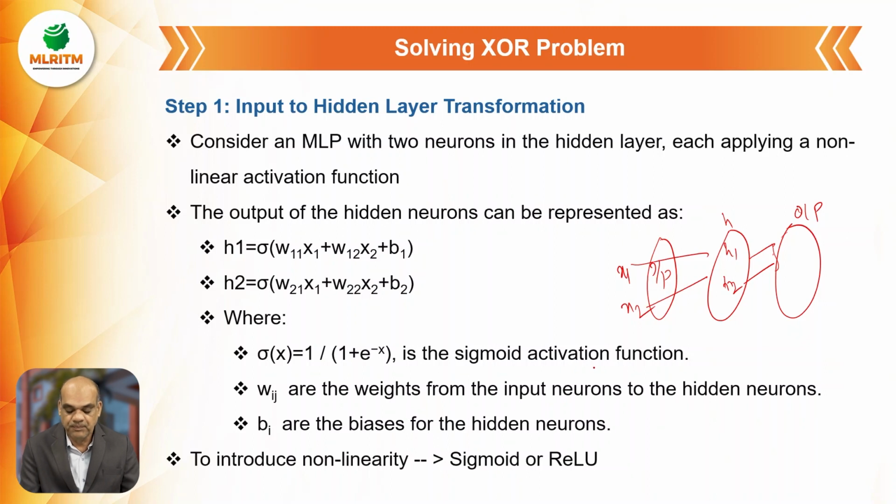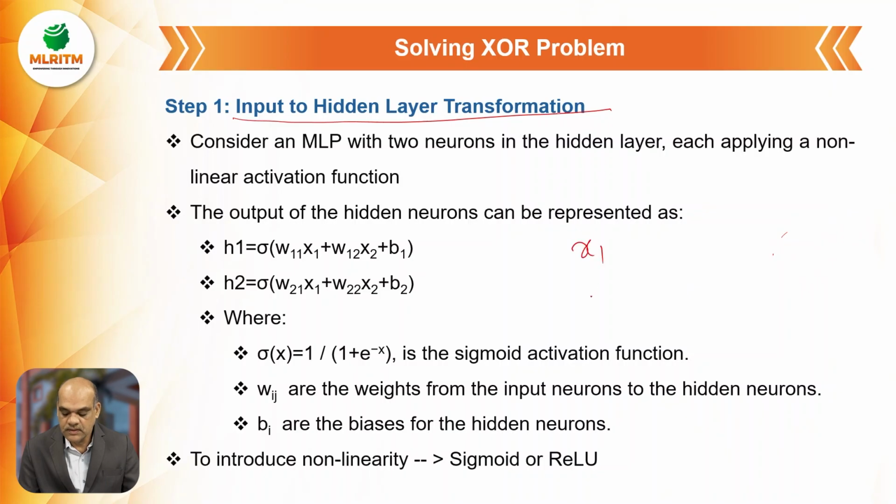In the first step, the input to hidden layer transformation, how the inputs are transmitted to the hidden layer to process the data. For example, X1 and X2 are the inputs, H1 and H2 are the hidden neurons, and we are going to have the output called Y. We have a connection between X1 and H1, X1 and H2, and in the same manner X2 to H1 and X2 to H2.